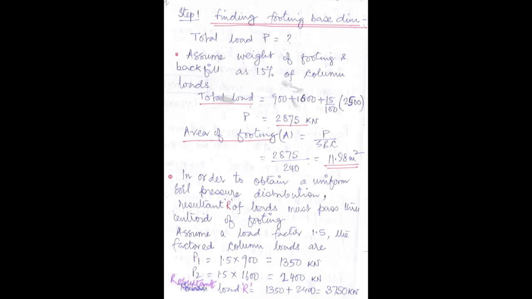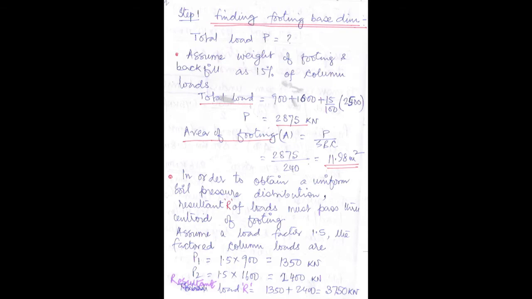Here we are designing a rectangular combined footing, correct? For a rectangular combined footing, we know the location of the centroid, it is B by 2 and D by 2. So the centroid of the footing and the resultant of the loads should coincide. For what purpose? To obtain a uniform soil pressure distribution.